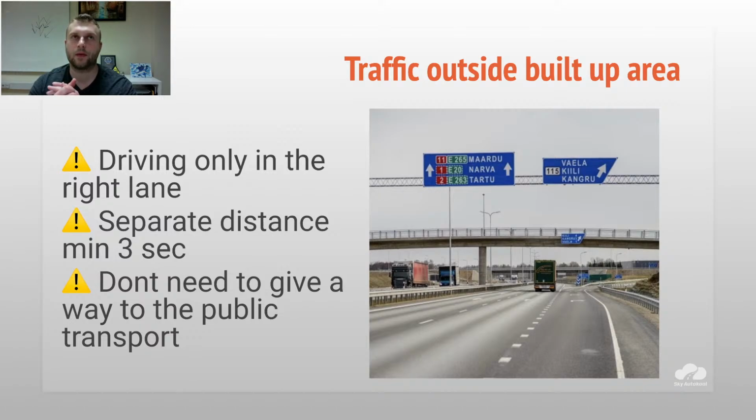So if you are having 50 by default, then it's 25 meters. And of course, you don't have to give way to public transport. For example, in the city, you have to give way to public transport if they are pulling out of the bus stop. On the highway, you don't have this rule anymore.